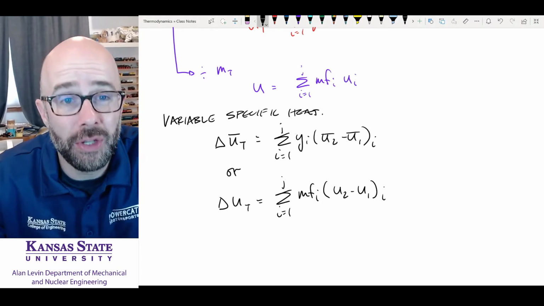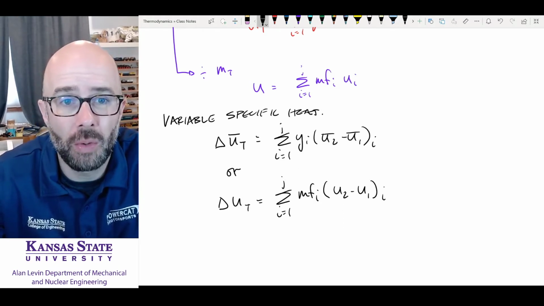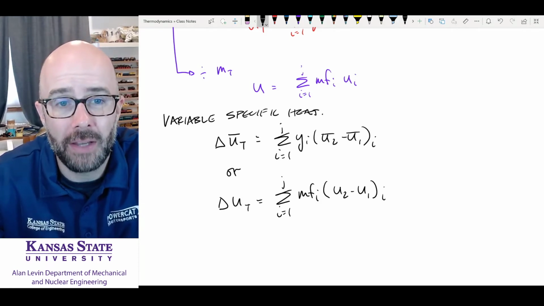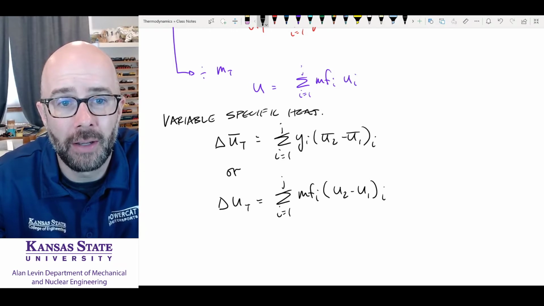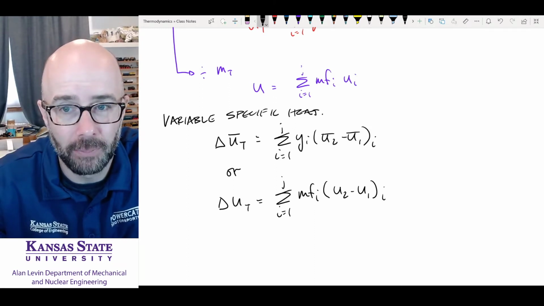Now, one thing you should know here is air. For air, we're given values of u2 minus u1 in our tables on a mass basis. Carbon dioxide, carbon monoxide, oxygen, nitrogen, we're given those on a molar basis. So that might lead you down which path you want to go down here.